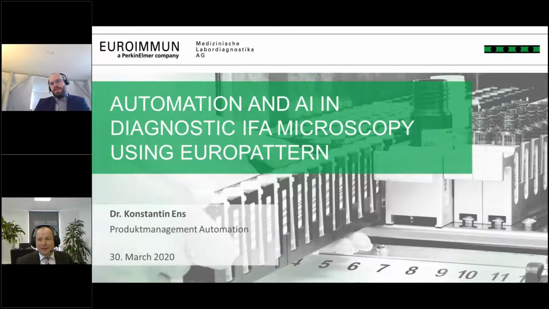So we will be looking at the foundation of something that concerns the diagnostic applications regarding indirect immunofluorescence assays, short IFA. Hence the title of our talk, Automation and Artificial Intelligence in Diagnostic IFA Microscopy using EUROPattern.